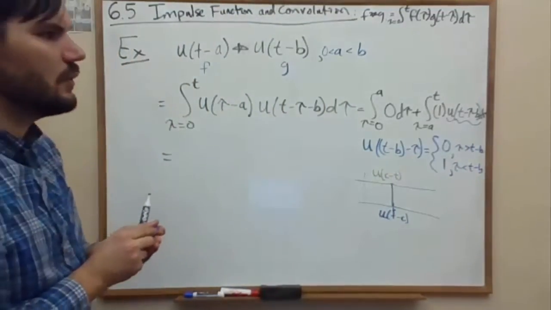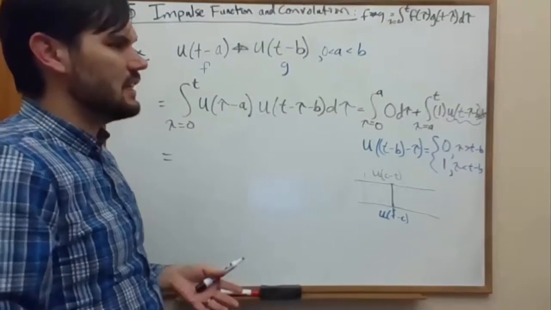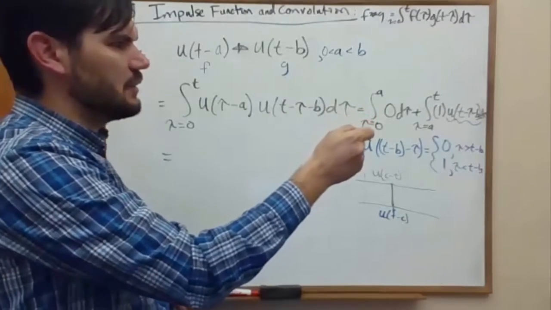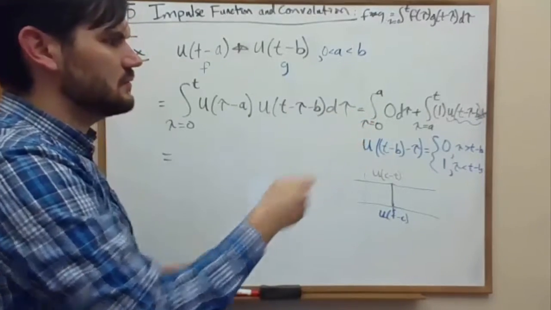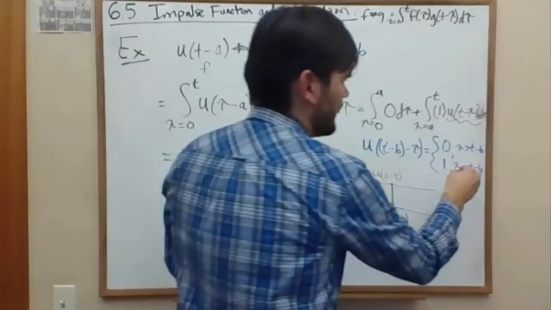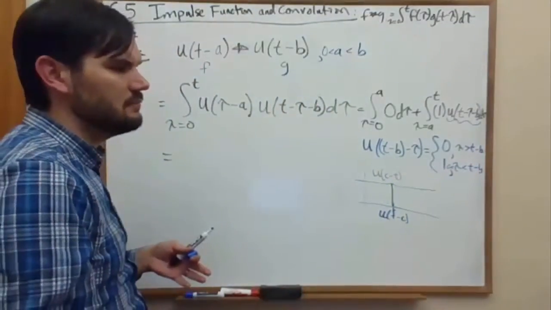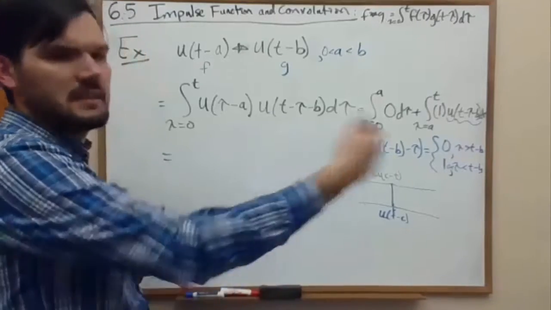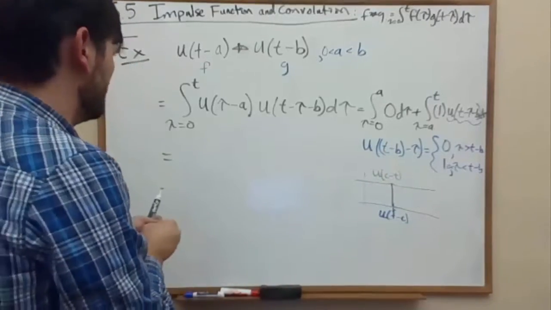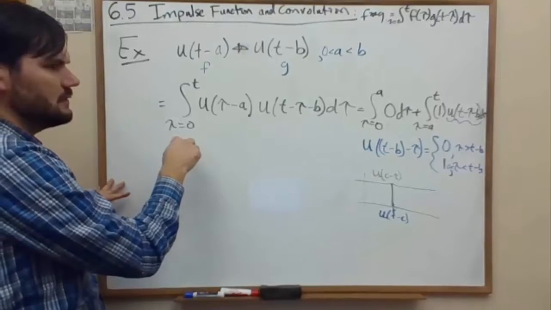Okay, and for this integral, t is a constant. It's a constant limit, and you can think of this as going from 0 up to t minus b, and then t minus b to t. So we break up our limit.